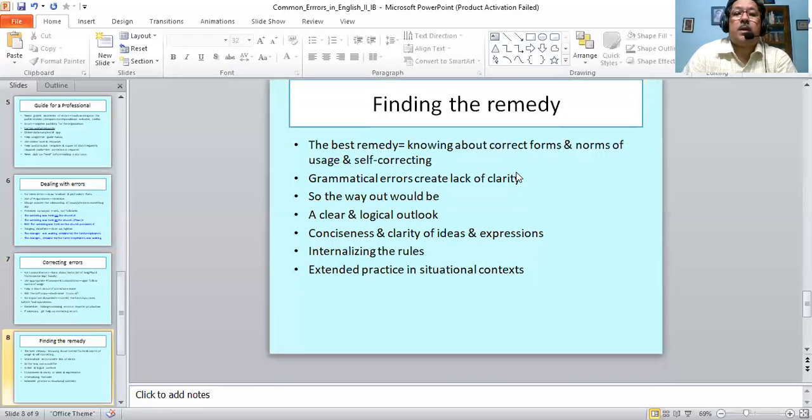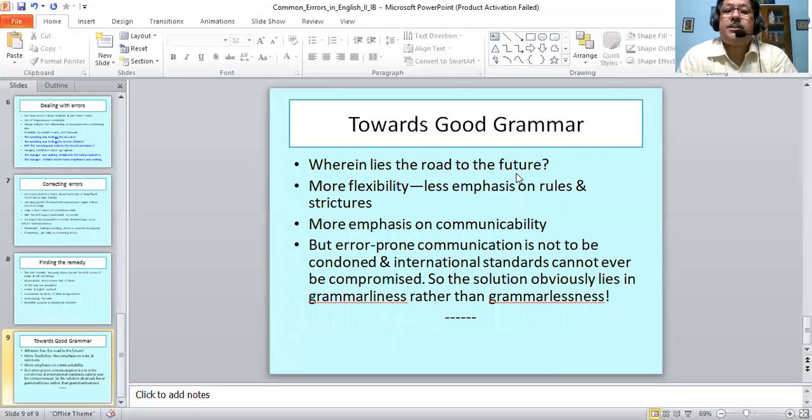So, what is the ultimate solution, or wherein lies the road to the future? Is it in more flexibility, less emphasis on rules and strictures of grammar? So we tend to say that, oh, the grammatical rules are so frustrating, so confusing, so strict, it's very difficult to stick with them.